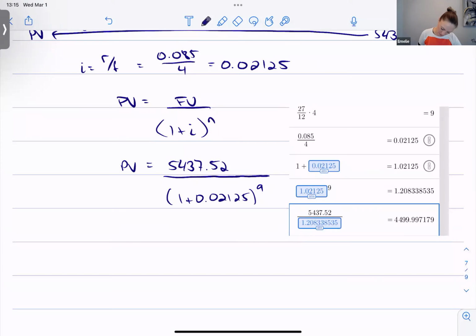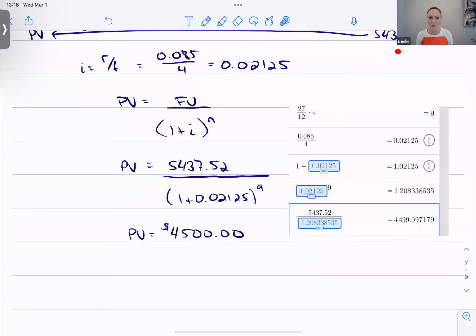And so the present value then in money, or 2 decimal places, is 4499. Rounding galore here. Should have known. Right, once you've rounded, $4,500 even.